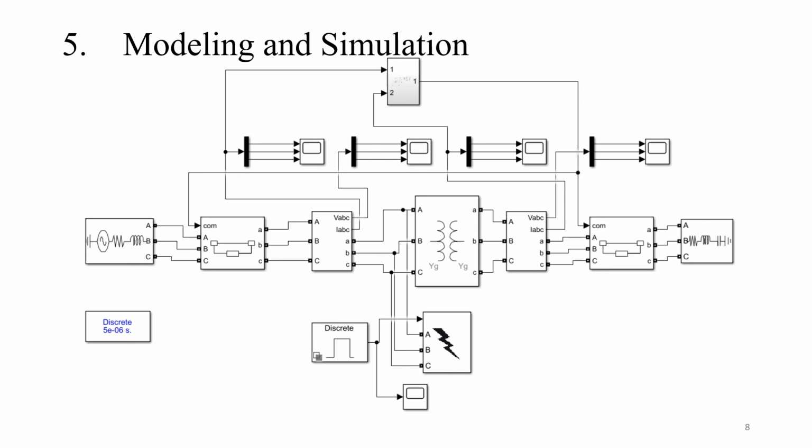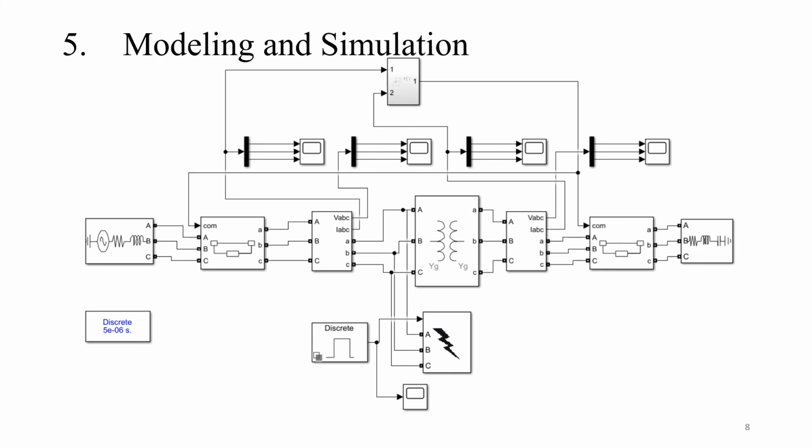Winding 1 parameters: V1 phase to phase 11 kV, R1 0.002 ohms, and the inductance is 0.08 pu.